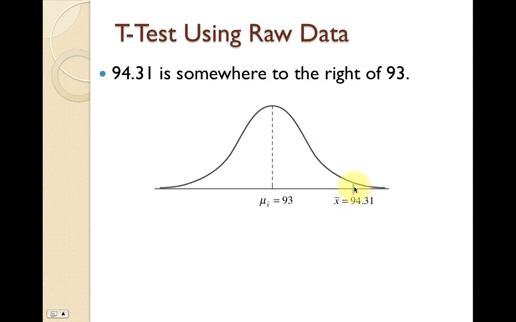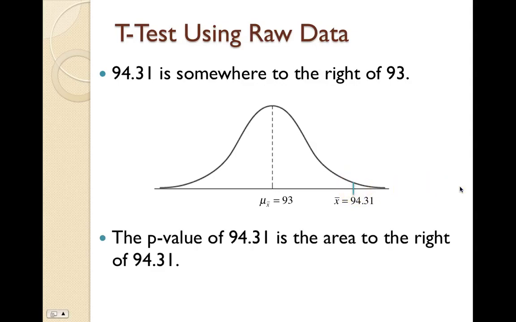When you figure out what the p-value is, which now at this point we already have, the p-value is all of the area that goes from this point up to positive infinity.